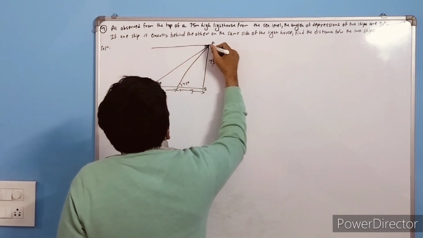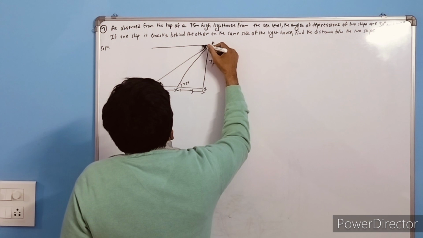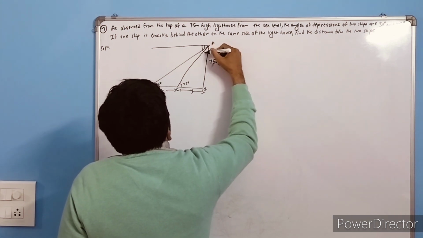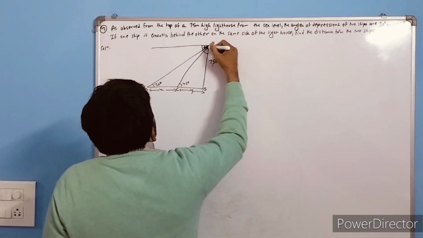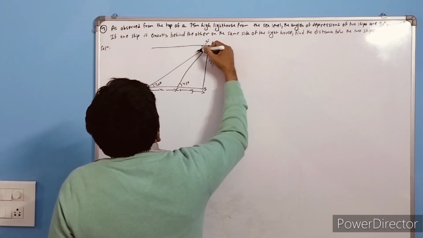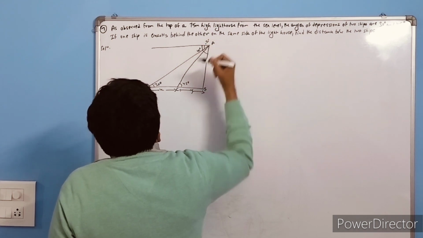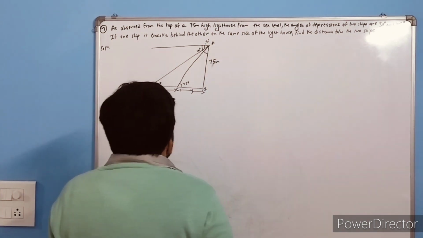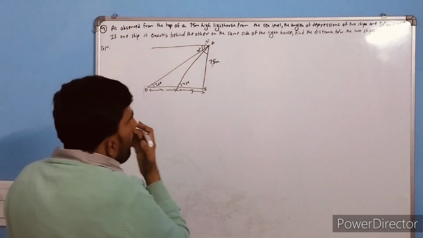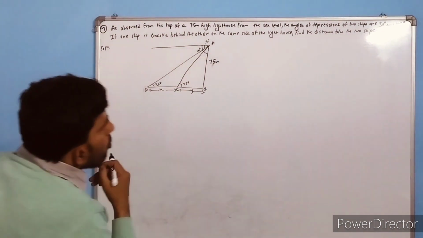Okay. This is angle of depression. This angle, you can consider this one and this one. So this is the small angle, that is 30 degrees, and the bigger one is 45 degrees. Okay. Now let's find the distance between the two ships.